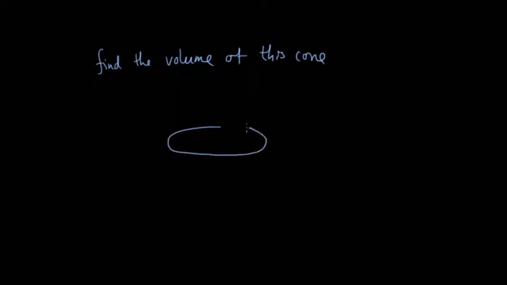Find the volume of this cone. So we're going to have our base and our pointy bit, apex, and the radius is 5 centimeters, and the height is 7 centimeters.